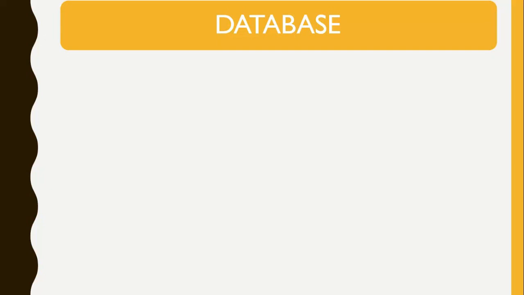In a database, we collect all the data in an organized and systematic way so that we can extract information from the data. So what do you mean by a database? A database is a collection of data, a huge set of data, and we organize that set of data in a systematic way, and after organizing it, we can fetch the information from that data.